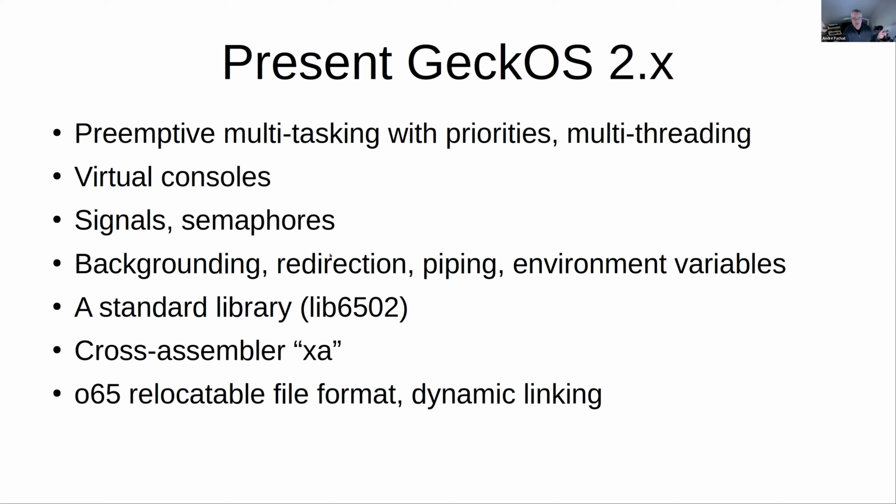You can use shells, very similar to a Unix shell. There is a standard library I call lib6502. I think there is another, I think Lunix, I'm not sure, that is using it, or some other operating system has support for those as well. And I already mentioned the cross-assembler and the file format.